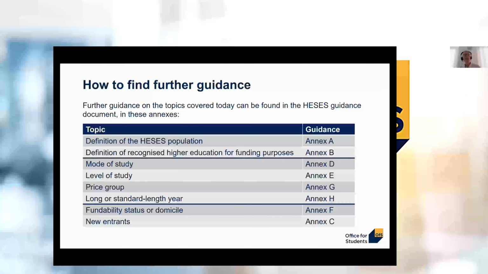And then in terms of the classifications, we looked at mode of study, which is all about Annex D, level of study Annex E, price group in Annex G, and the length of year in Annex H. And most recently, we've been looking at the fundability status and domicile, which is all in Annex F. And the bit on new entrants is in Annex C. So hopefully that will give you a bit of a roadmap to see where to look.